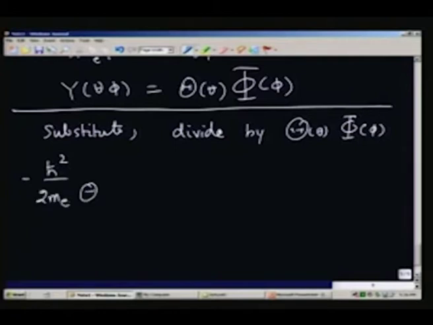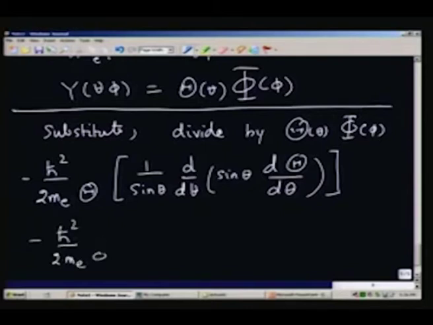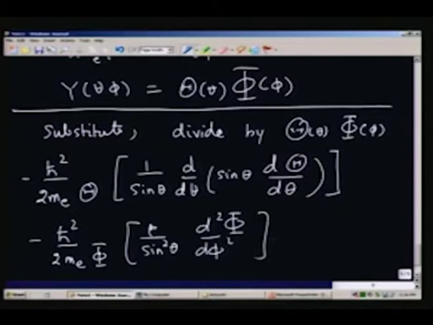You will get a theta in the denominator, and within brackets you will get 1 by sine theta d by d theta sine theta d theta by d theta. This is the first term, and the next term will be minus h bar square by 2me times phi, and you have 1 by sine square theta d square by d phi square of capital phi is equal to minus beta.